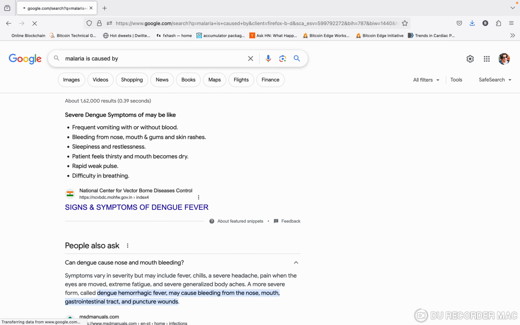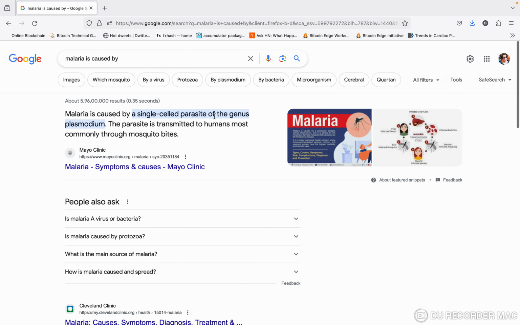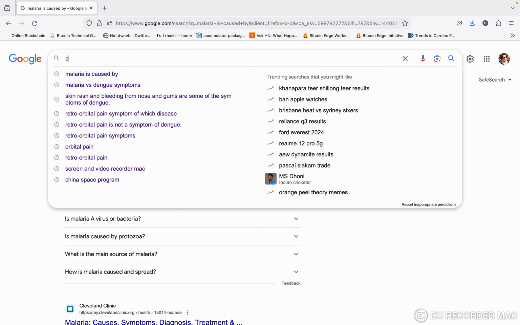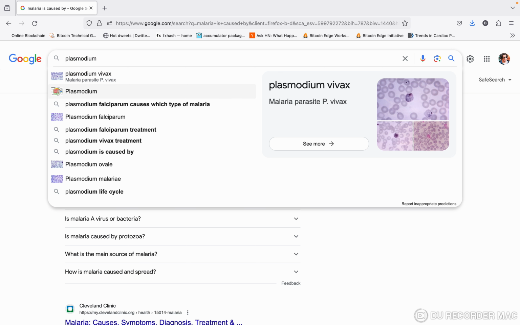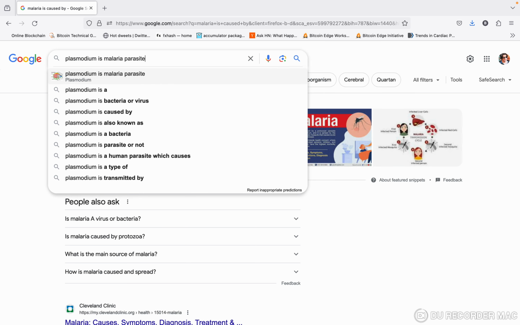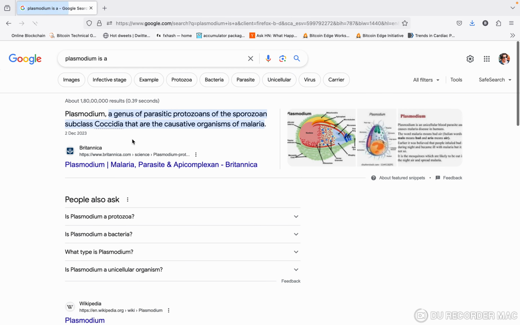Caused by a single cell parasite. Okay, so one parasite, that is Plasmodium, that I knew, but Plasmodium is what? Protozoa. So it is a protozoa.